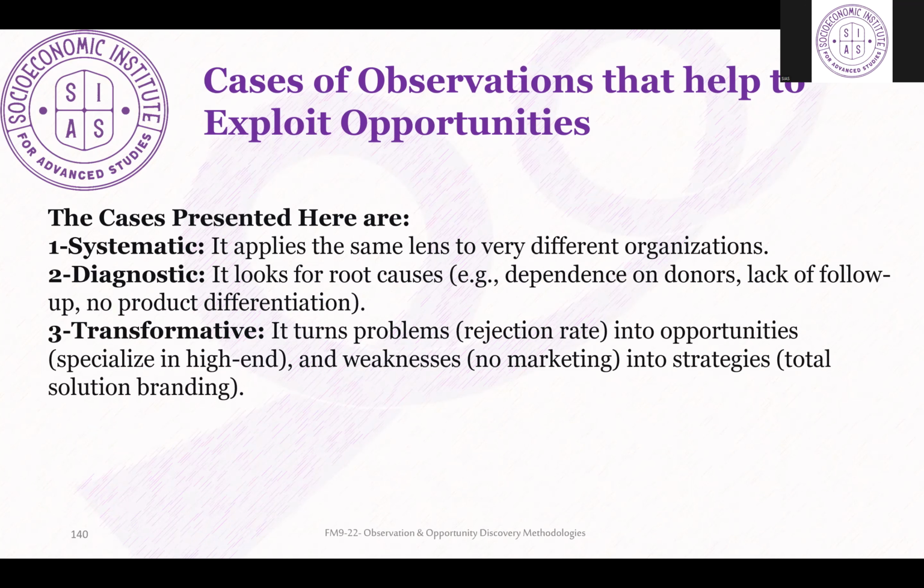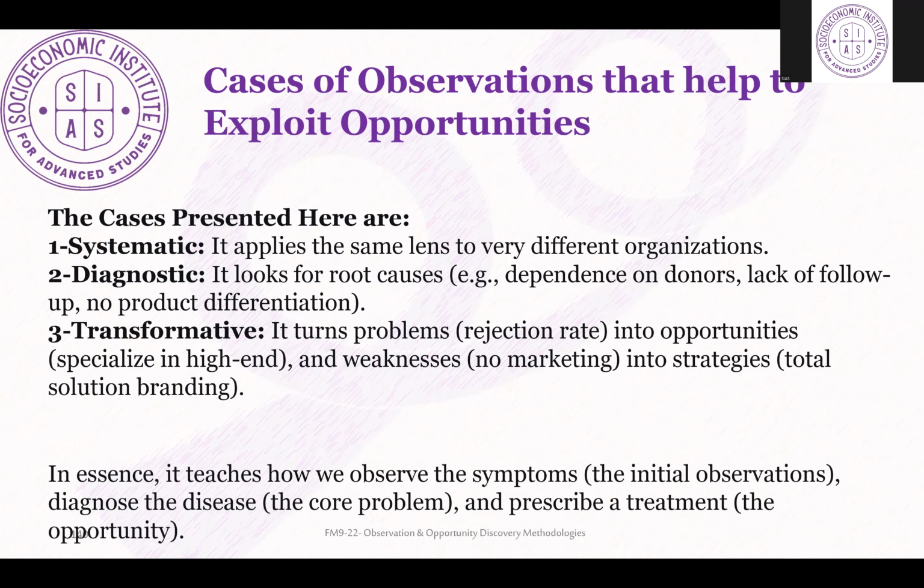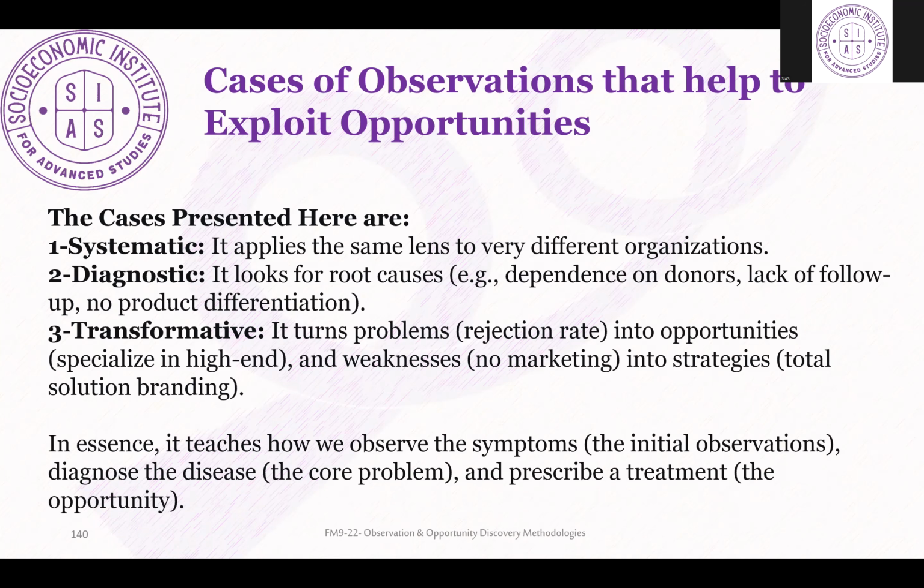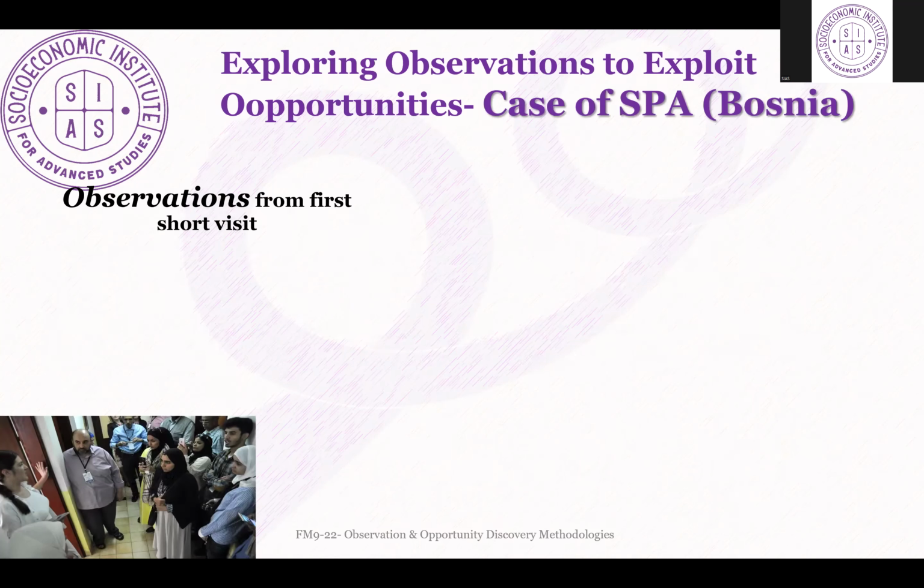And then we follow with transformation, which means we turn the problems, for example the rejection rate in certain cases, into opportunities, such as bringing a higher end, or the weakness of no marketing into strategies, such as bringing total solution branding. In essence, it teaches how we observe the symptoms, the initial observation, diagnose the disease, the core problem, and prescribe the treatment, which is the opportunity.